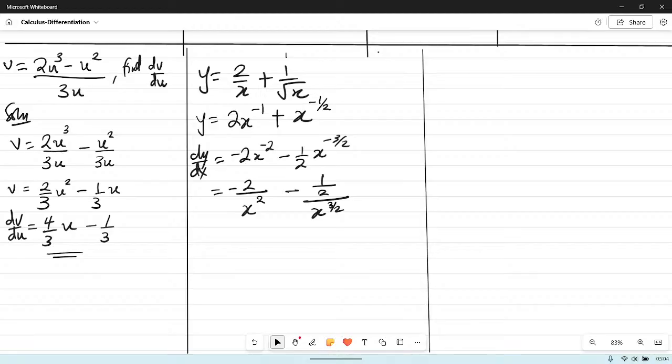What we've written is not ideal. This is what you have to do. Everything here is coming down to where the 2 is, multiplying the 2. So that's how it should be: 1 over 2 x raised to the power 3 over 2. Then the 3 over 2 becomes square root of x exponent 3. So negative 2 over x squared minus 1 over 2 root x cube.